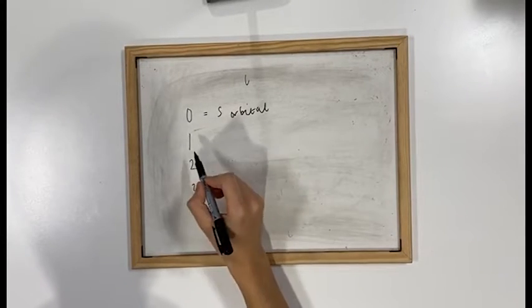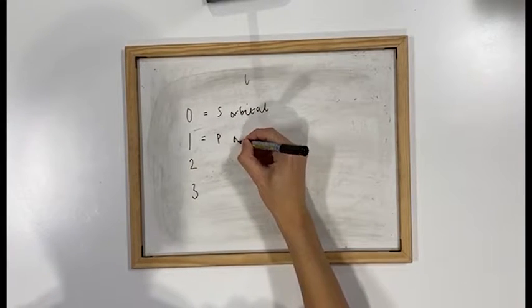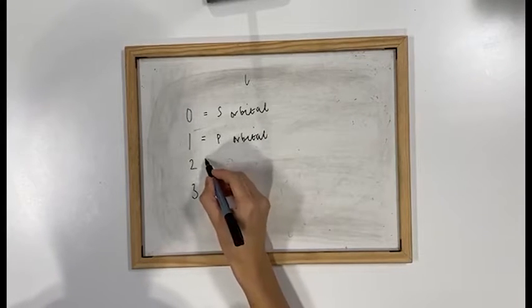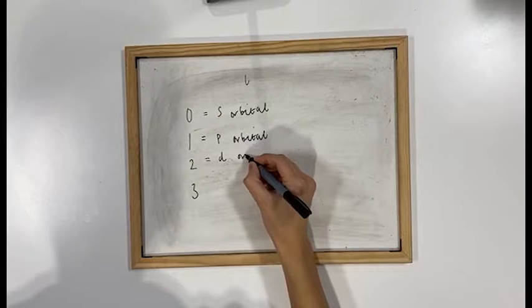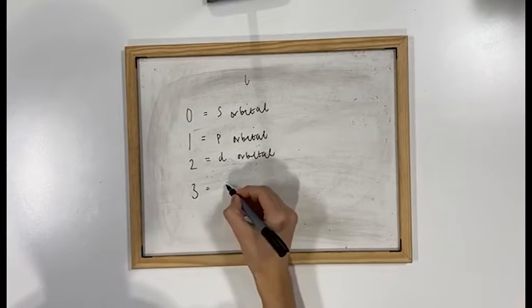And if L is equal to 1, then the electron is found within the P orbital. And with 2, the D orbital. And with 3, the F orbital.